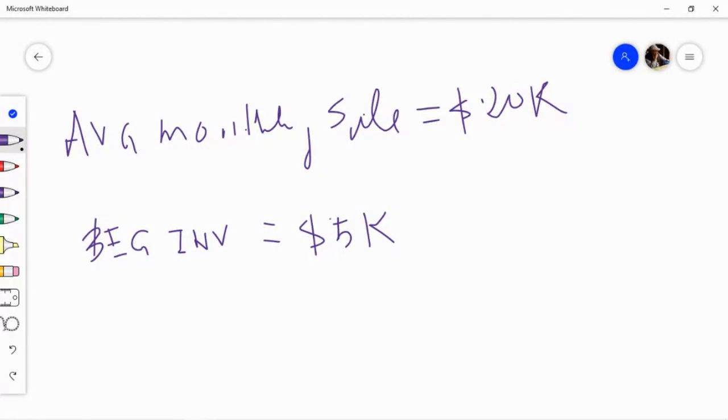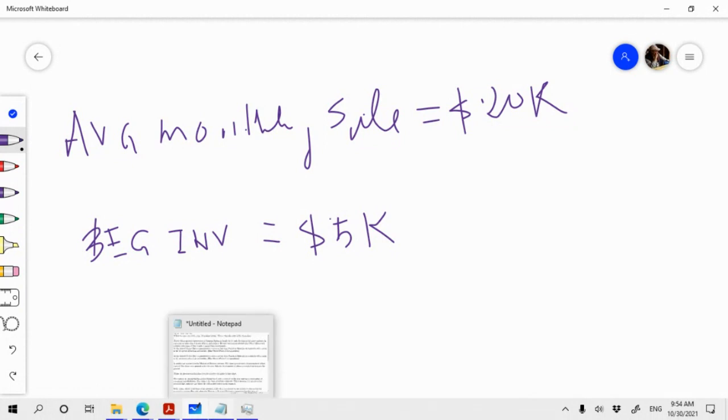And we assumed a month for the operating period. But I've been telling you, the standard operating period is quarterly, right?